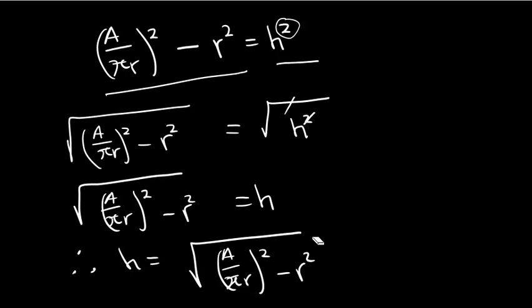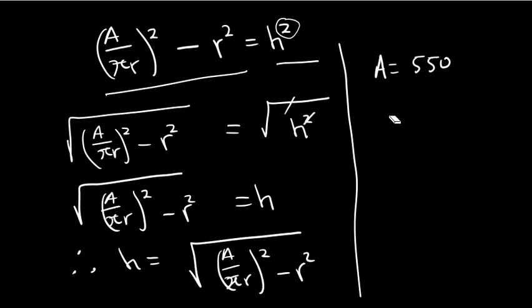Now for the second part, you are to find the value of h when A is equal to 550 and r is equal to 7. So for that particular part of the question, the question is saying that A is equal to 550, and r is equal to 7.